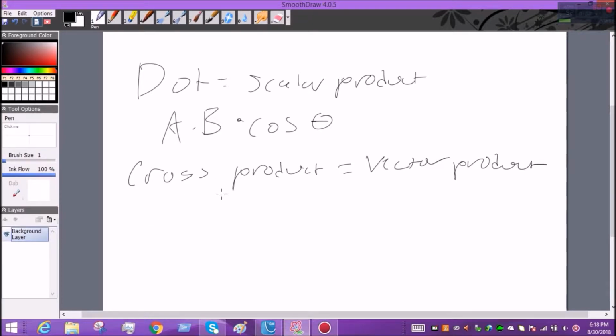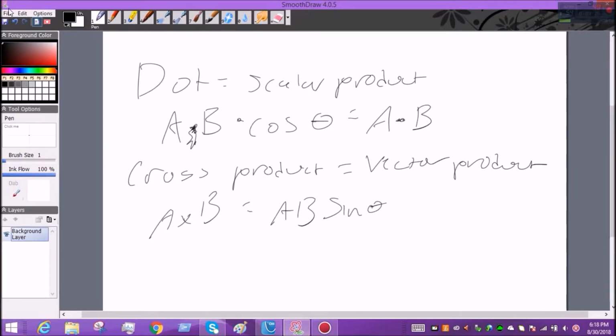In this case, A cross B equals A B sine of theta, where theta is the angle between the two vectors. There shouldn't be a multiplication there, so ignore that. And then we could say that equals A dot B.